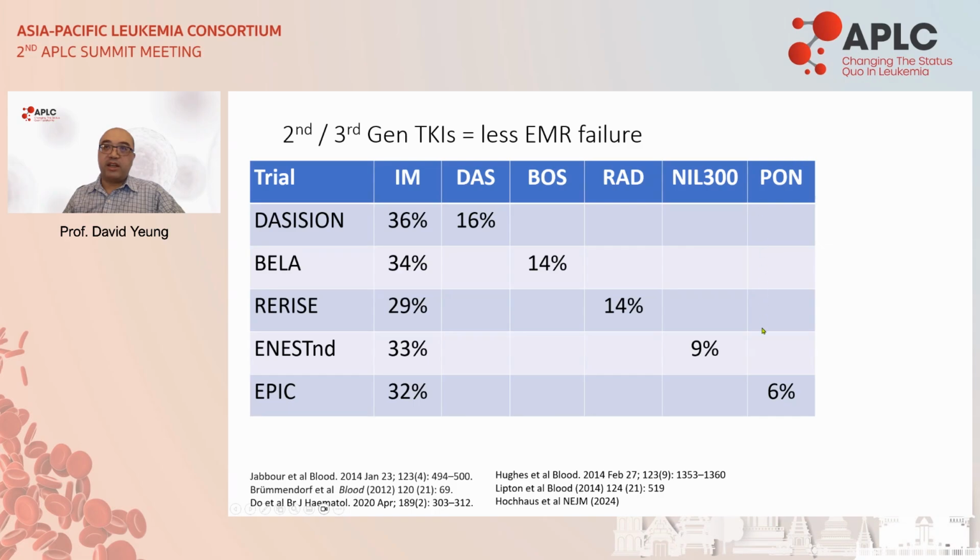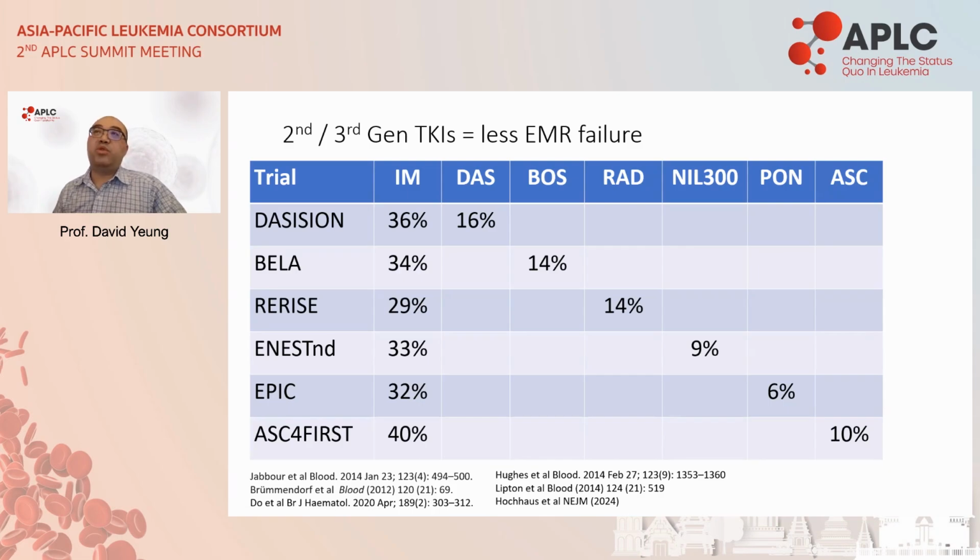And then for ponatinib, in the EPIC study that was cut short because of an early arterial occlusive event signal, 95% of patients actually achieved their early molecular response. And we'll talk about this in a sec, but just over 5 months ago now, we had publication of the ASC4FIRST data that compare asciminib against standard of care therapy.